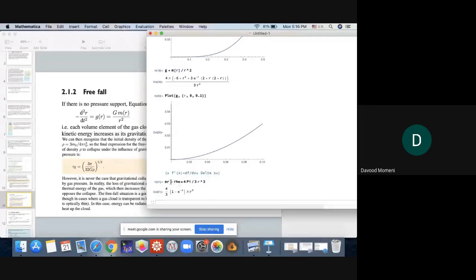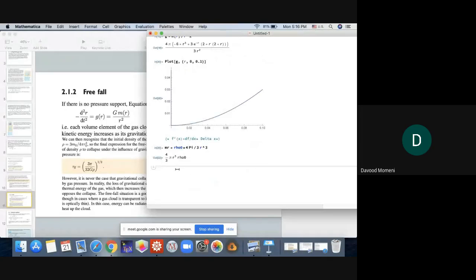So 4 pi r squared rho is your mass, if you are standing at any distance r, and I suppose that the density is constant. This is a little help to the question which I asked you. You are entering the tunnel, so the mass which you feel is like this.